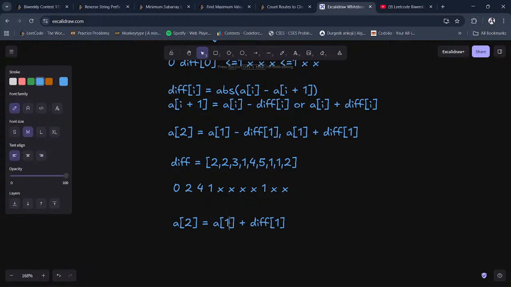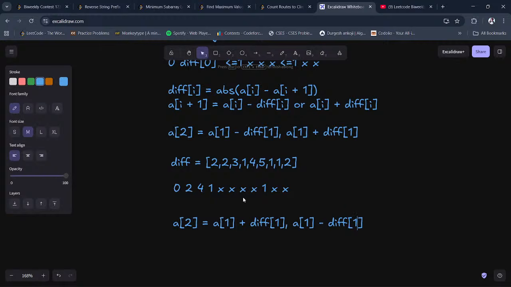So why is this best? Since we want to increase our current maximum value, we'll try to perform this operation. So whenever the restriction condition fails, like this value becomes greater, we'll perform a of 1 minus difference of 1.